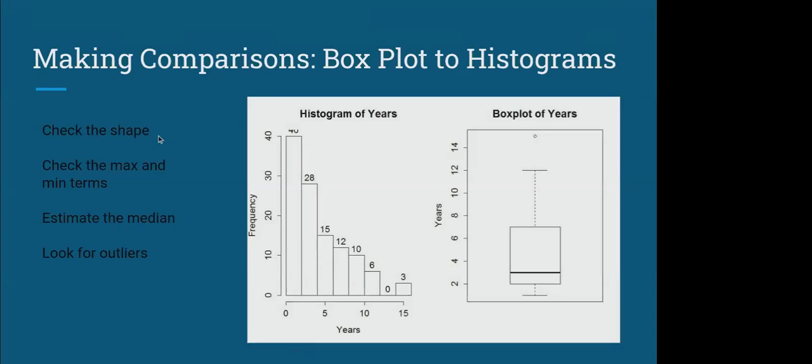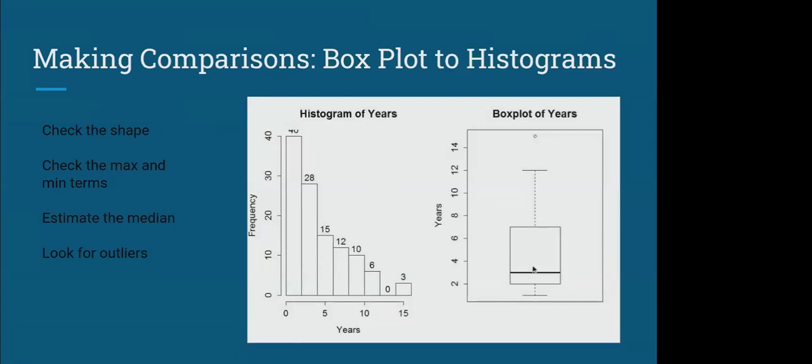Now, remember, you may see the box plot horizontally, which is how we have grown accustomed to seeing it, or you may see it this way, which is vertically. Same difference. Remember, the bottom will be your minimum. The top will be your maximum.